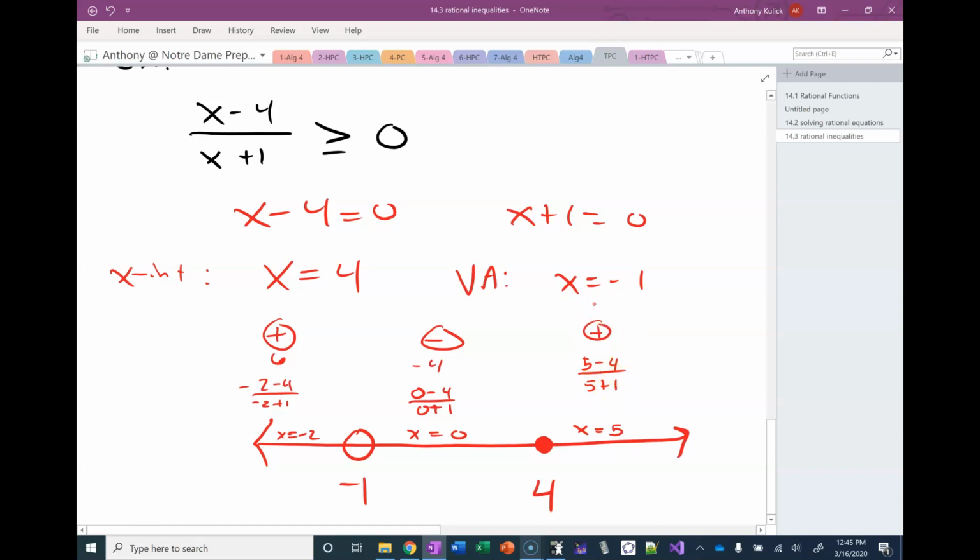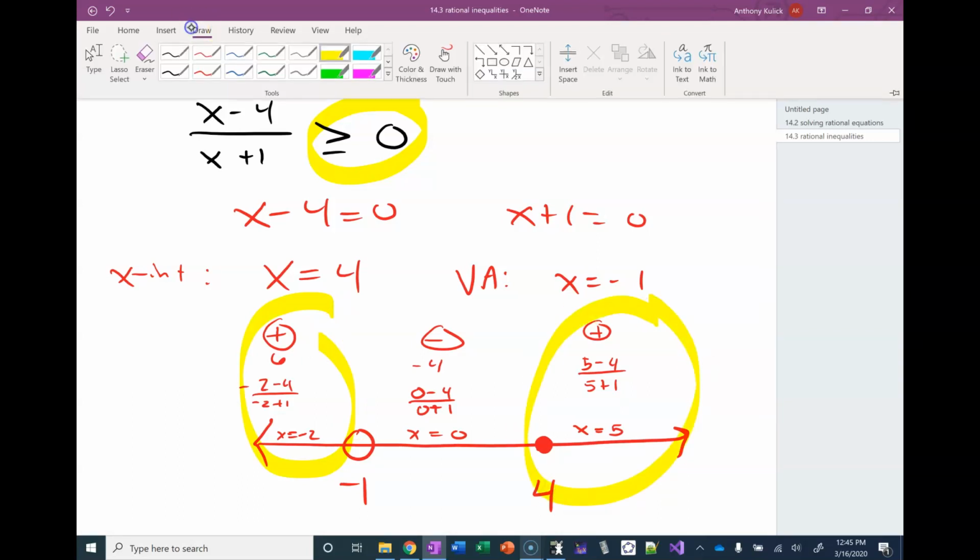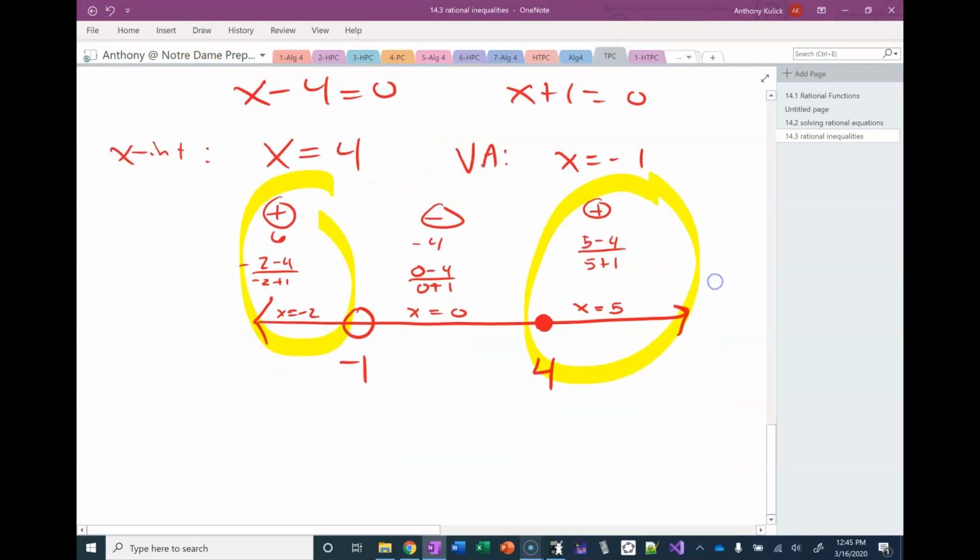That's positive. So since we're looking for greater than or equal to 0, we want this piece and then this piece. But we have to be a little bit careful because we have to look at whether our circles are open or filled. So this piece, -infinity up to -1, and because we have an open circle, we use a parenthesis, union.